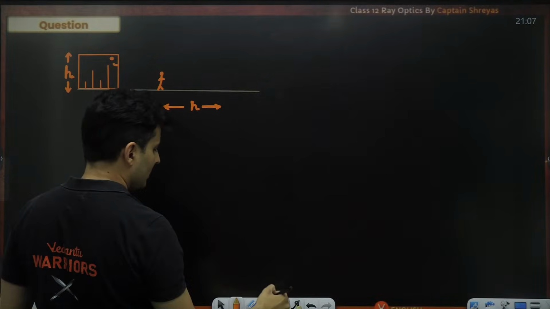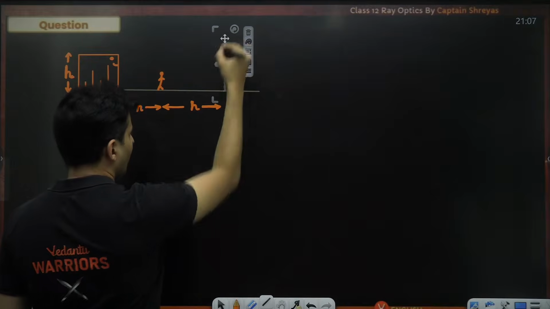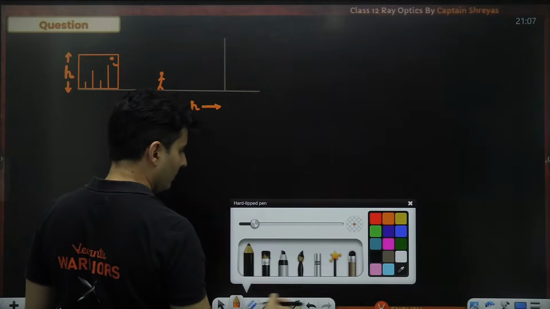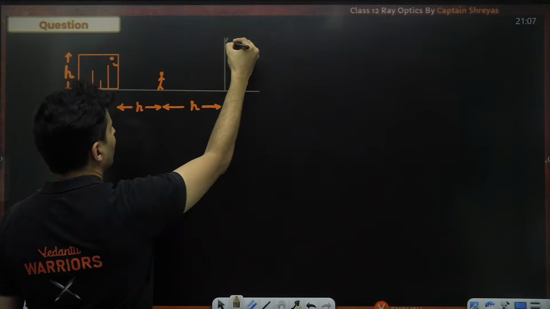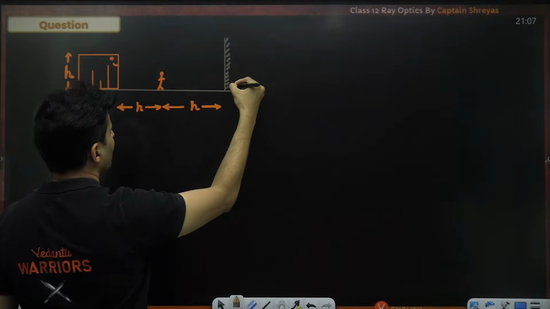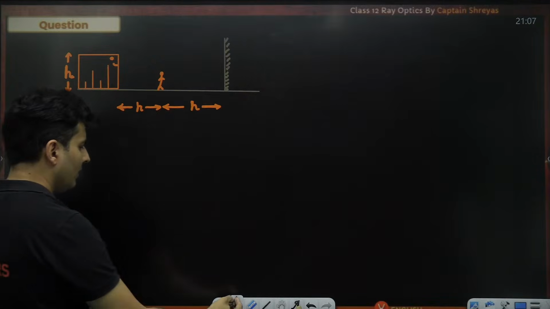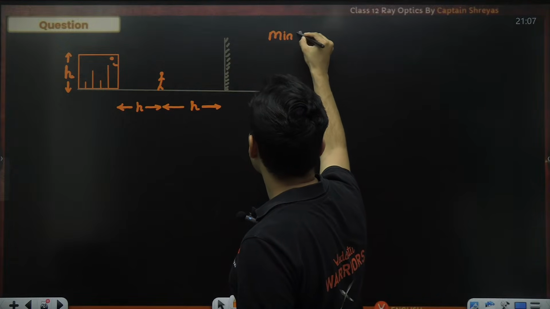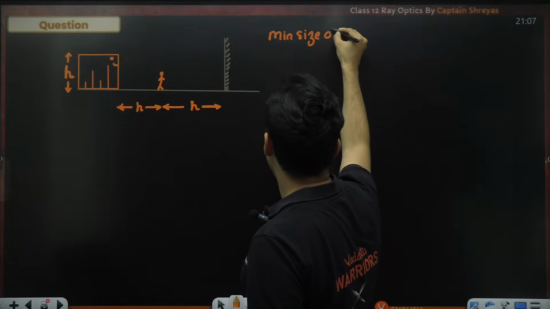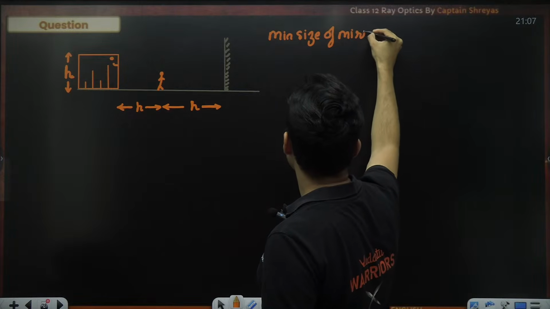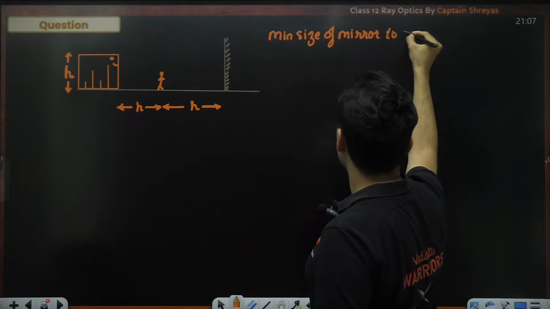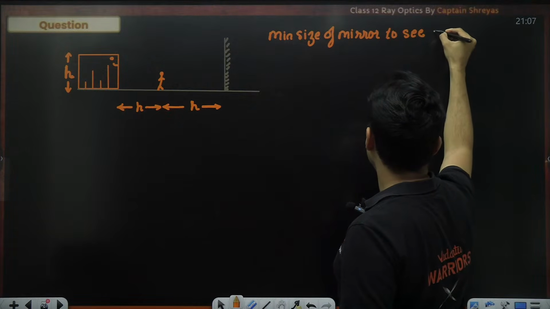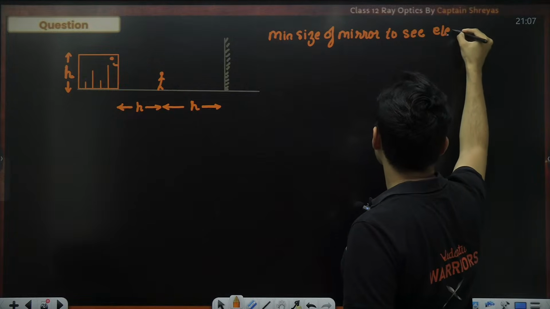Now, the question is to figure out, I do not know how much mirror will be needed. You can place the mirror wherever you want. The question is find the minimum size of the mirror to see the elephant.